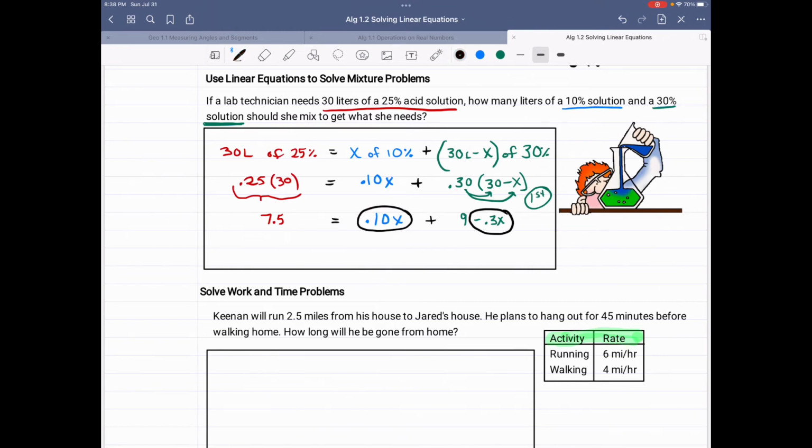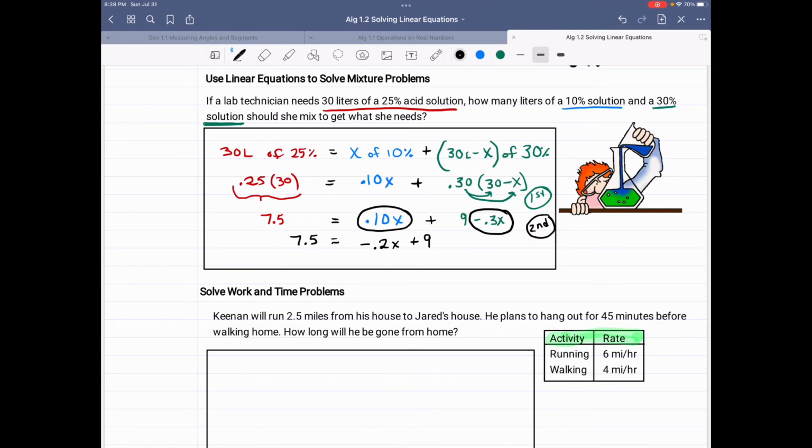So we have to combine, this is our second step, combine like terms. 0.10x and minus 0.3x become negative 0.2x. So that's the 10% and the minus 30% is minus 20%. Plus 9, we're just bringing that 9 down, equals 7.5.